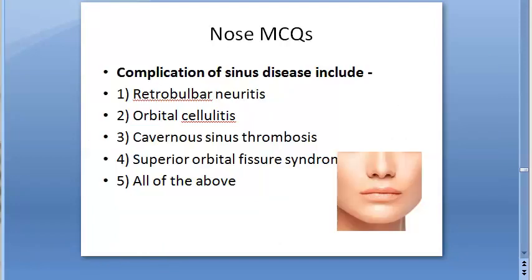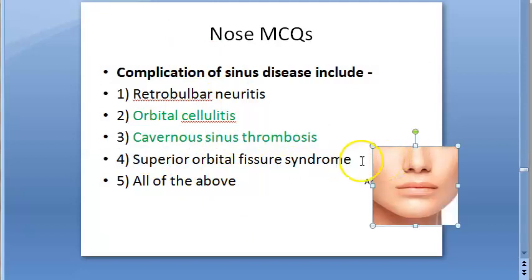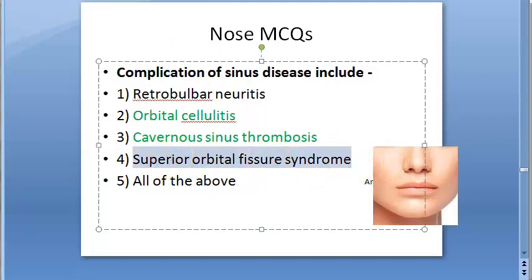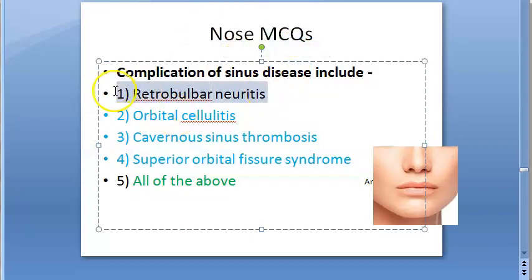Yet another question, very similar. Complications of sinus disease include retrobulbar neuritis, orbital cellulitis, cavernous sinus thrombosis, or superior orbital fissure syndrome. Yes, we have seen these also. All of the above sounds about right, because if 3 are right, isn't it?